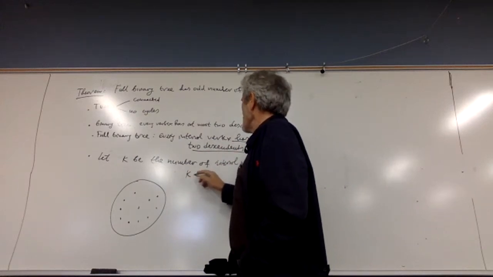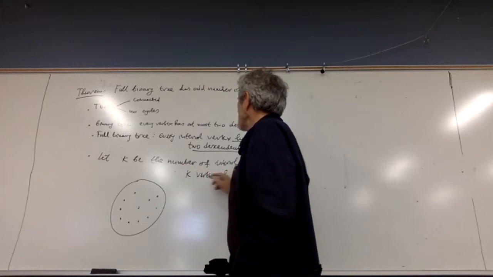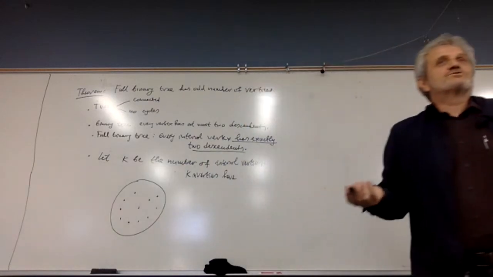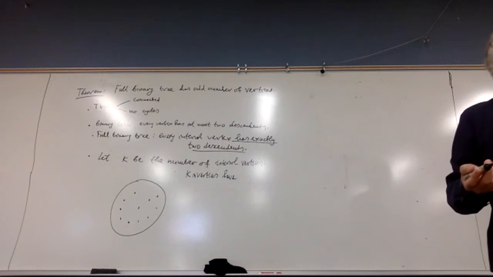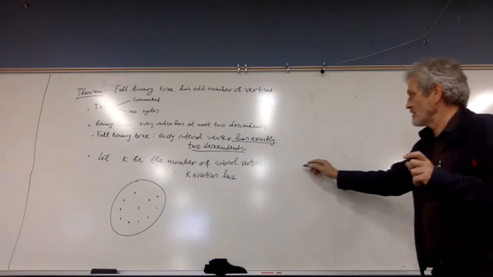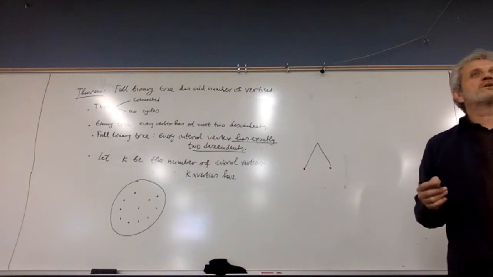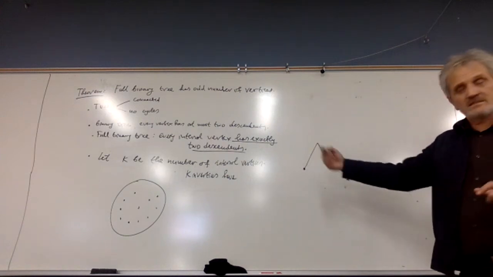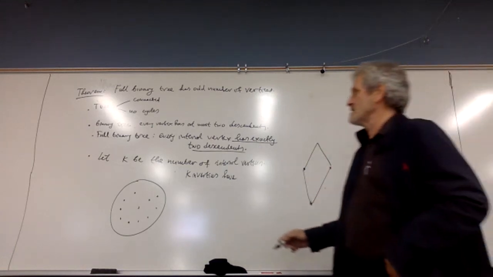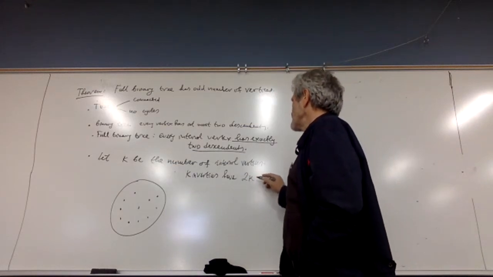So K internal vertices, how many children do they have? Each has 2 children. Why can two of them not share the same child? Because you would have a cycle. So K internal vertices have 2K children.